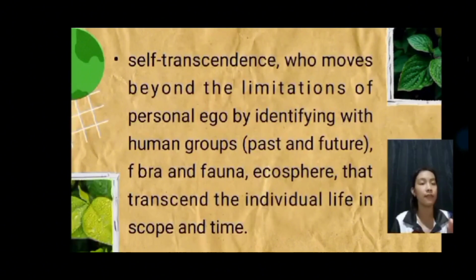The next one is self-transcendence. A self-transcendent person moves beyond the limitations of personal ego by identifying with human groups, past and future, or the flora and fauna ecosphere that transcend the individual life and scope in time. Self-transcendent means going beyond your own self, ego, or self-centered boundaries.